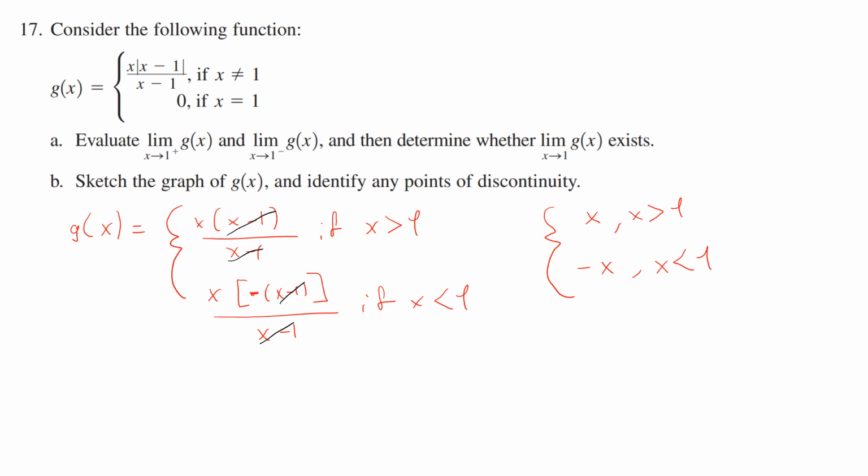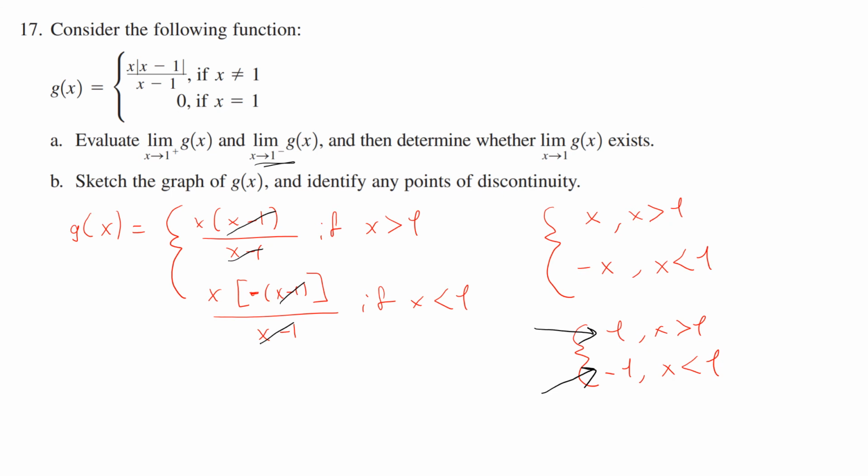So from here, if I plug in 1 into these values, I would end up with 1 for the positive side and negative 1 for the negative side. So I can see that the limit coming from the right side, represented by here, and the limit from the left side, represented by here, have different values.